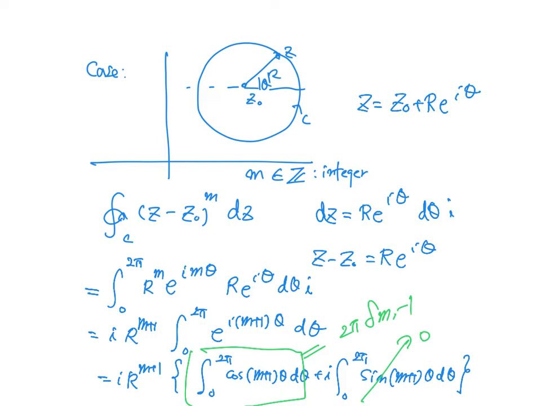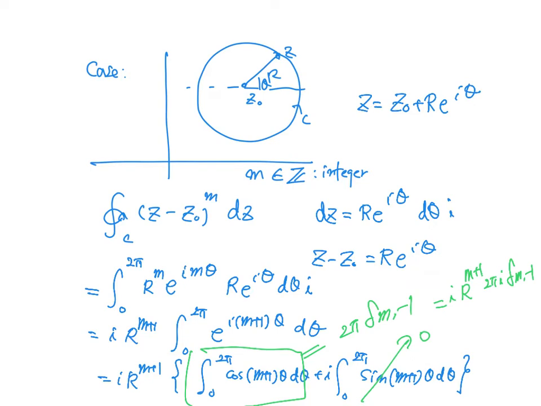Otherwise, when it is a non-zero integer, it's always 0. So the whole integral is again I r to the m plus 1 times 2 pi I delta m minus 1.